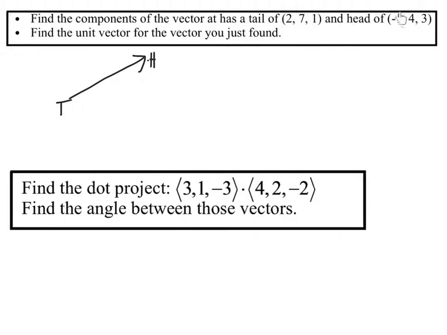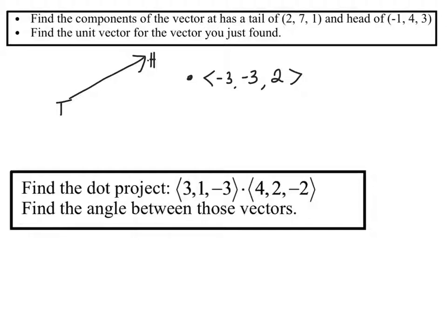Here from 7 to 4 it went back 3 units in the y direction, and from 1 to 3 it went 2 units up in the z direction. So our components in that first bullet are -3, -3, and 2. Okay, they reflect our movement. Back 3 in x, back 3 in y, and up 2 in z.